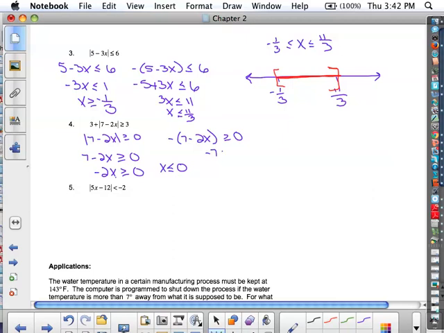Next, we have minus 7 plus 2x is greater than or equal to 0. So 2x is greater than or equal to negative 7. So x is greater than or equal to negative 7/2. So when you look at this, you have two regions, actually, at 0 and at negative 7/2.